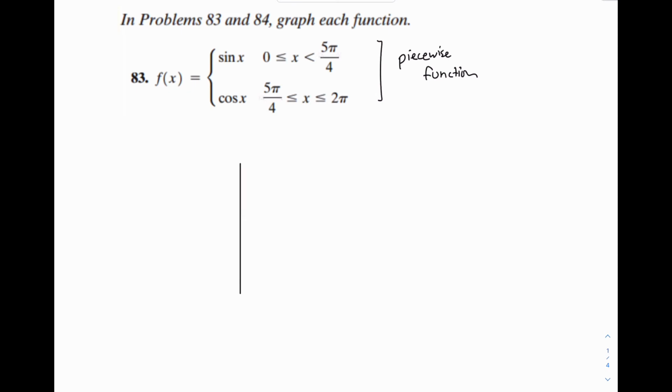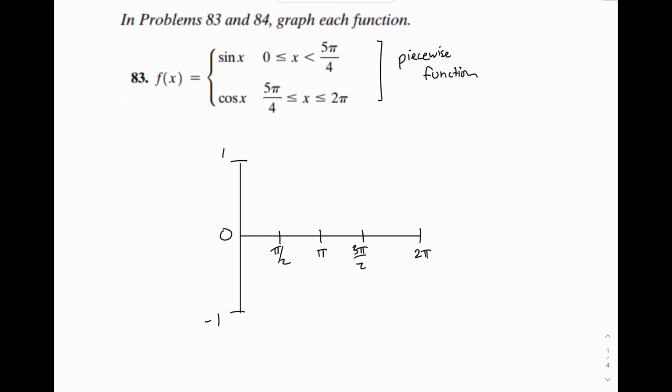So let's just start by making our graph. And I'm going to put 1 and negative 1 here, 0. And let's just scale it normally. So 2 pi, pi, pi over 2, and 3 pi over 2.